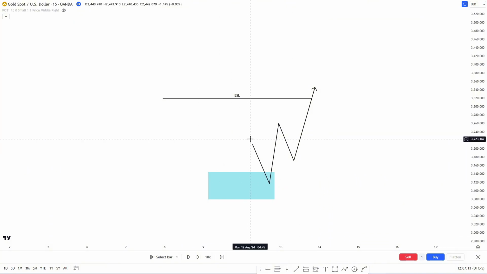Say for example we have price trade down into a higher time frame level, such as a daily fair value gap or a 4-hour fair value gap, depending on which higher time frame you're using to analyze your charts. Then we see some displacement on our lower time frames.